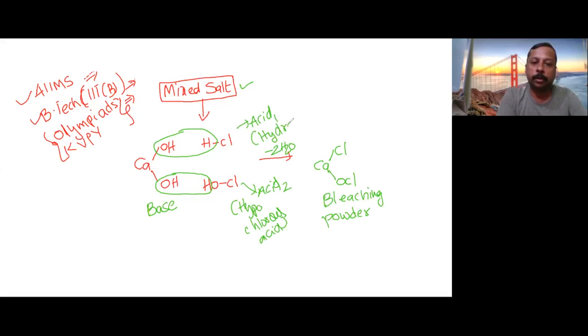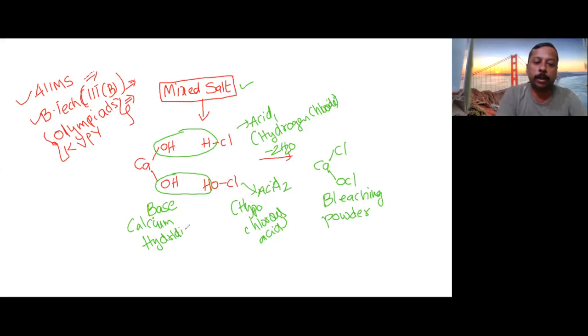Hydrogen chloride is different, hypochlorous acid is different, and calcium hydroxide. Three things are required. One base is required, and two acids are required.